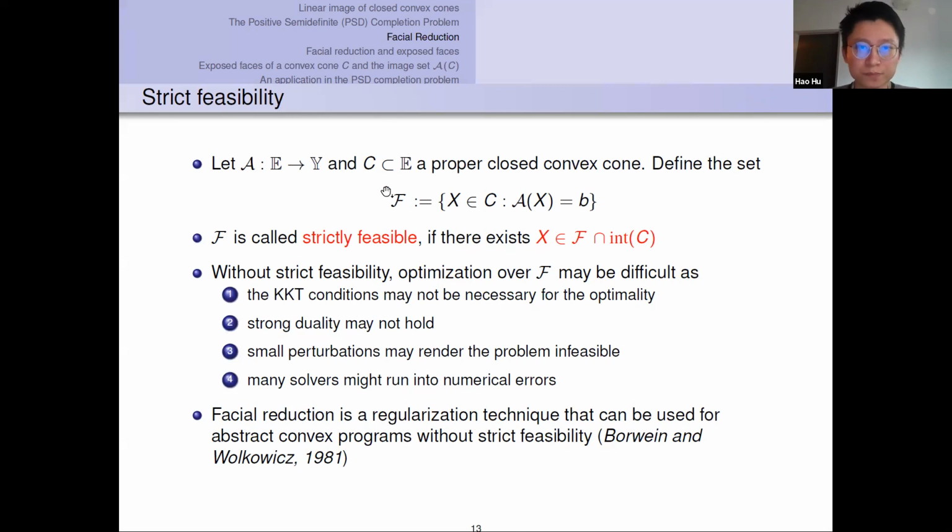Quite often, people find it very difficult to solve optimization problems or feasibility problems for a general conic feasible set.